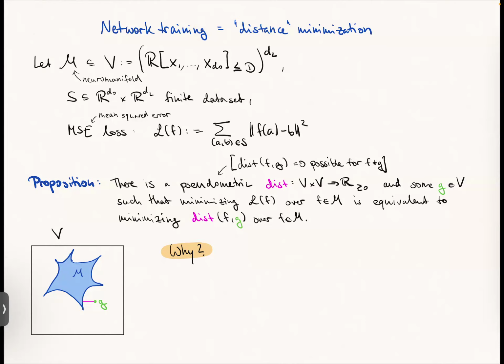And what I'm saying in this proposition is that minimizing the mean squared error loss over such a subset of these polynomial functions is actually the same thing as minimizing some sort of pseudo distance to some fixed point that lives in the same ambient space.